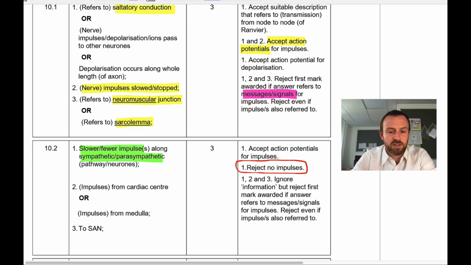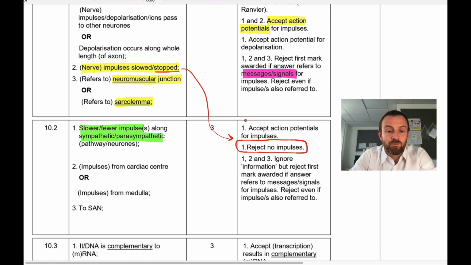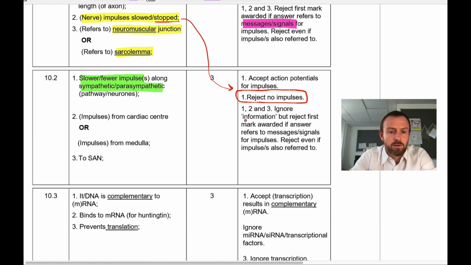There's a bit of an inconsistency in the mark scheme, because over here, impulses stopped is accepted, but over here, no impulses is rejected. I wonder why that is. Slightly inconsistent. So slower or fewer impulses along the sympathetic and parasympathetic neurons from the cardiac center to the SAN, or from the medulla to the SAN.